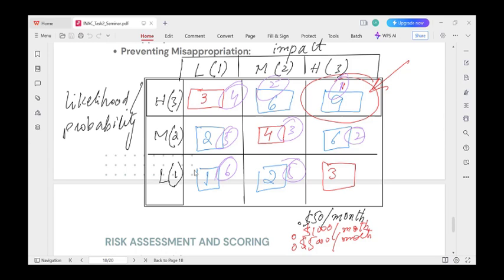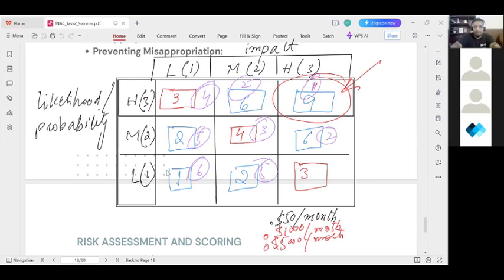Can I please ask how you were able to categorize the part where we talked about issuing unauthorized discounts? Sorry, can you please repeat your question? May I ask how you were able to categorize the risk of unauthorized discounts?